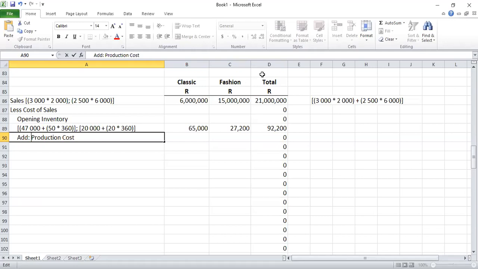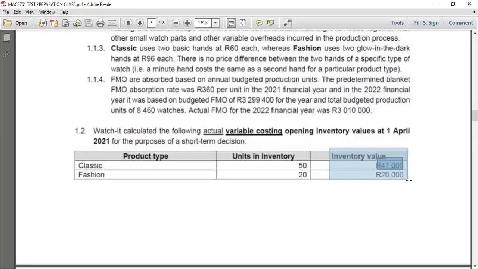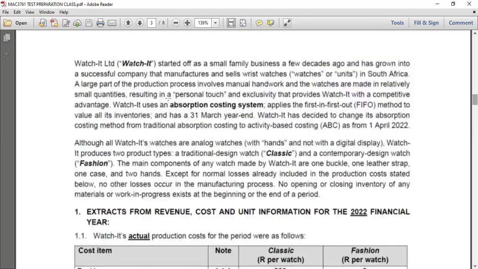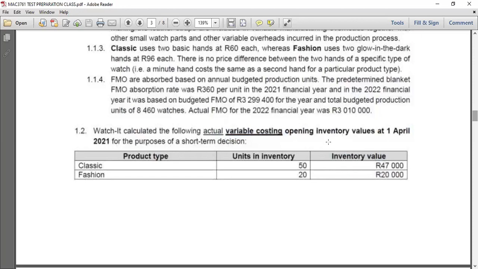We're given the value of the inventory already. But this is the inventory value according to variable costing, and we are preparing our financial statements according to absorption costing. So we have to add the fixed overheads. We take the value that was already given, then on top of that we add the fixed manufacturing overheads because they are not included.